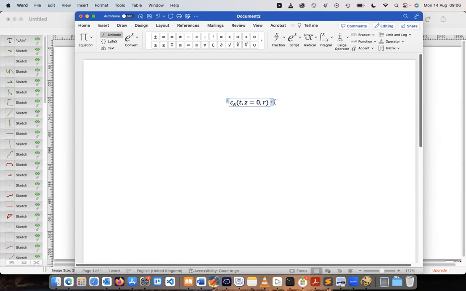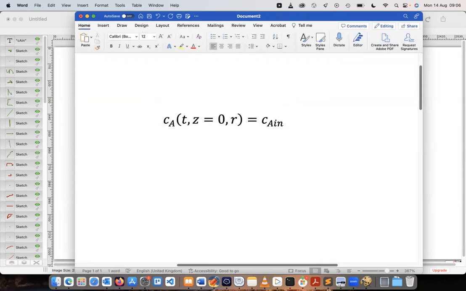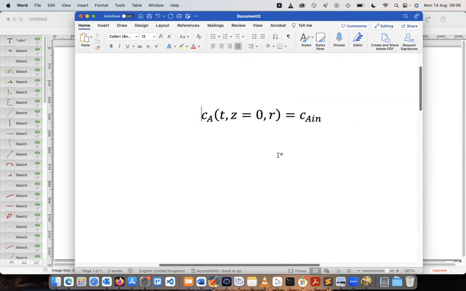So this is now in terms of the variables we've been using in our balance. For all time t, but specifically at z equals 0, at the front edge of the pipeline and at all radial positions, we have the known inlet concentration Ca in. We'd call that our first boundary condition. The inlet concentration is known.